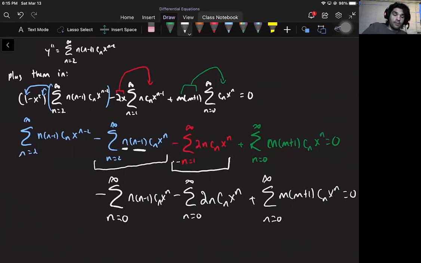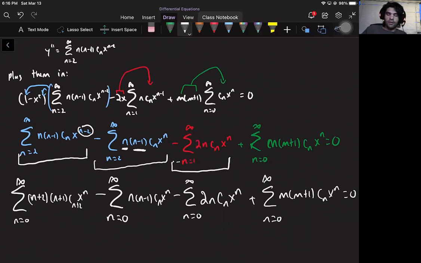Now this guy, the first one, I need to add 2 to all the n's to make that be a x to the n. And when I do that, I have to subtract 2 from the index. So that gets me to 0 exactly as I want anyway. And then all these n's turn into n plus 2's. And that plus 2 and that minus 2 cancel. Good.